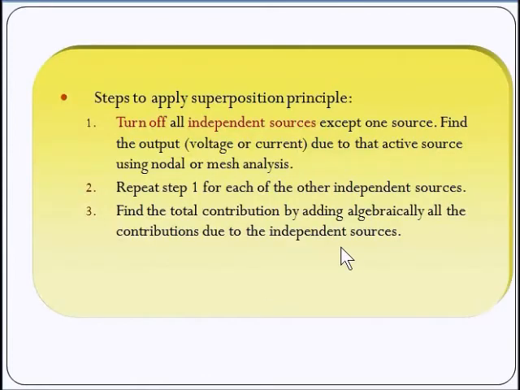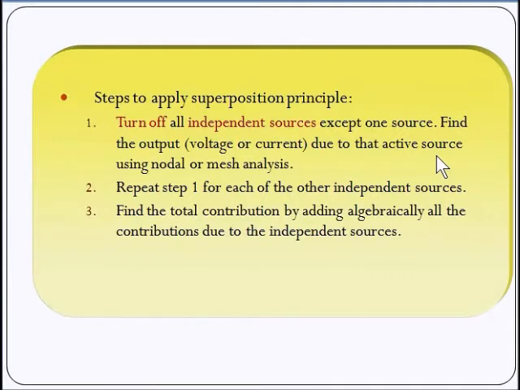Okay, sometimes a theory question may also be asked: what is the procedure of the superposition principle? These are the three basic steps. First, turn off all independent sources except one, because we want to solve one by one.